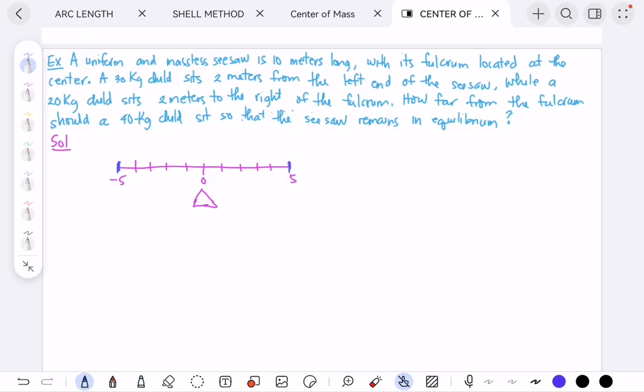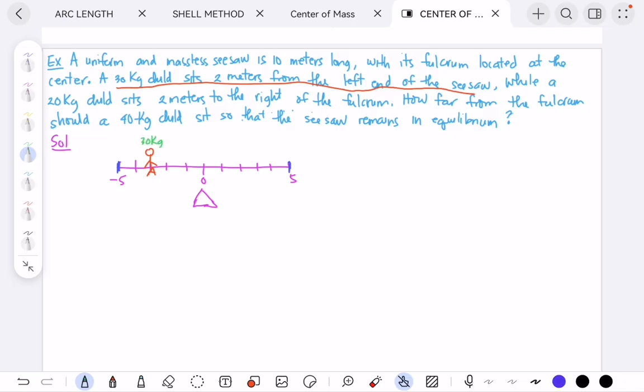A 30 kilogram child sits 2 meters from the left end of the seesaw. From negative 5, 2 meters from that point, there is a child seated. Let me draw a child here. The weight of this child is 30 kilograms.